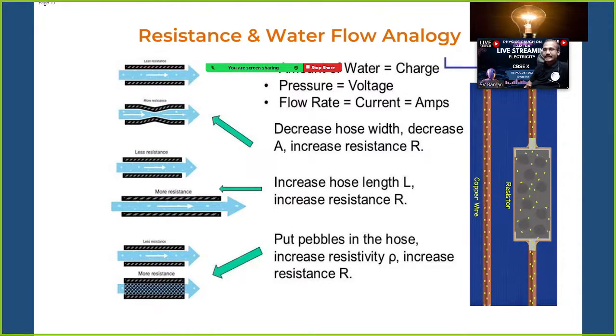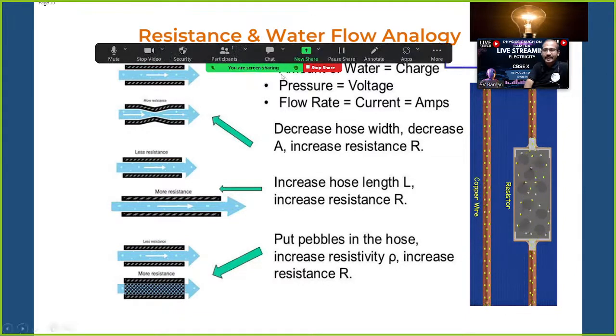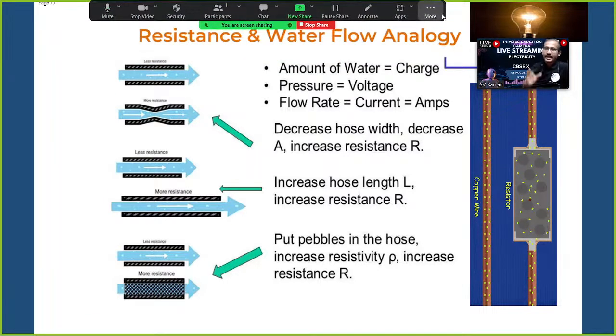Now we can compare resistance with a water flow analogy. Look here, on the left-hand side there are pictures. It's like a water pipe. The amount of water, let's say, is charge. Pressure on water is voltage.